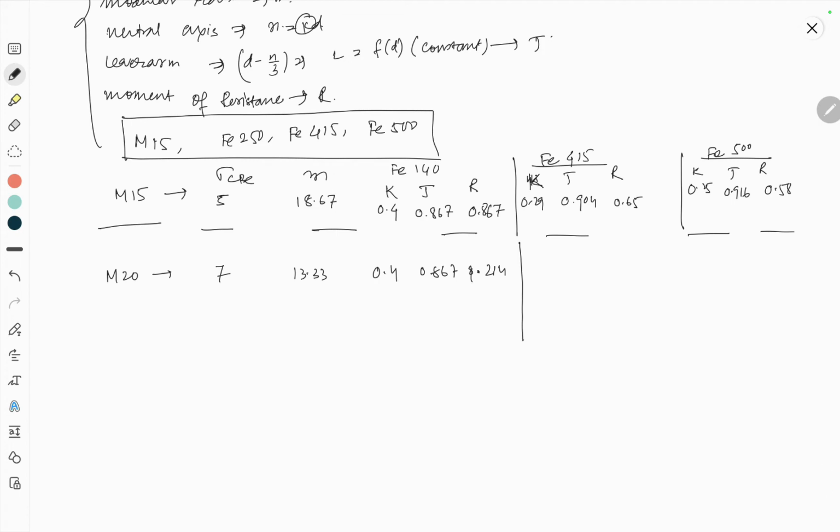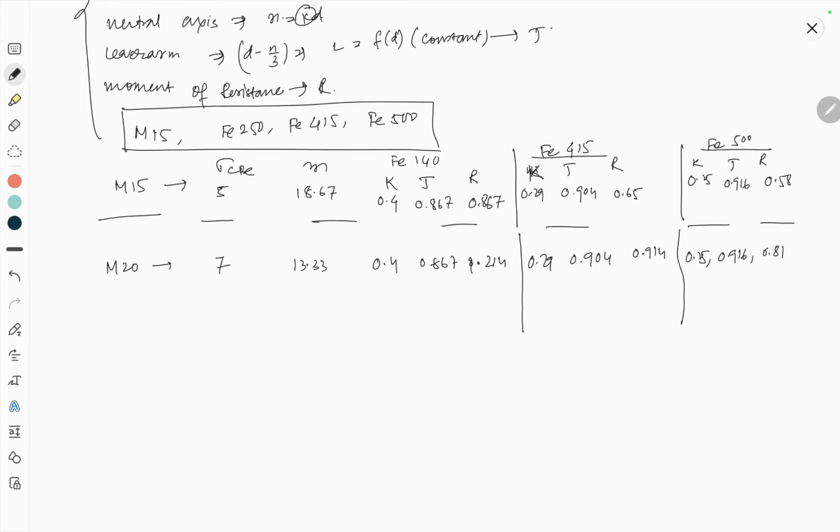For Fe 415, k is unchanged at 0.29, j is unchanged at 0.904, and R is 0.914. For Fe 500, k is 0.25, j is 0.916, R is 0.81.